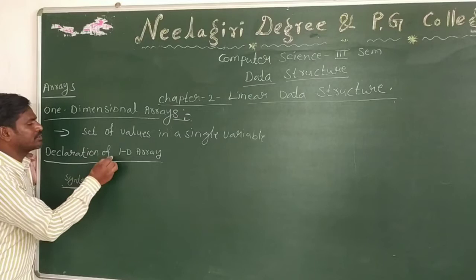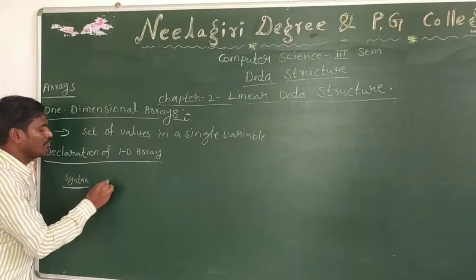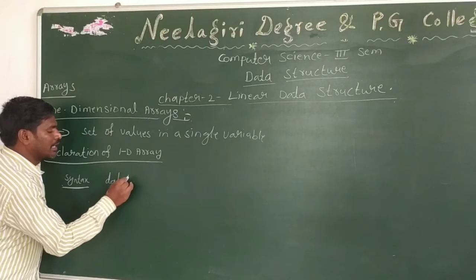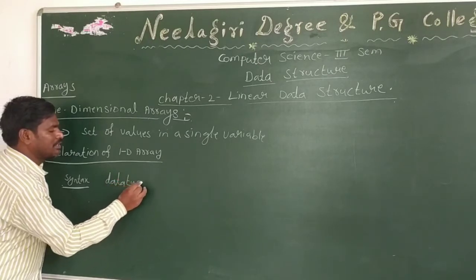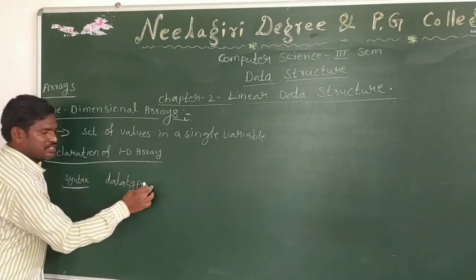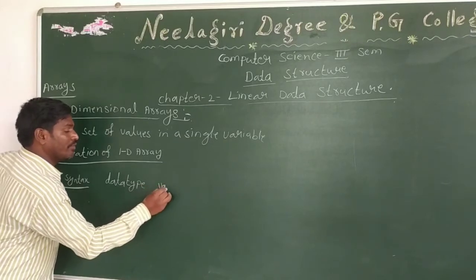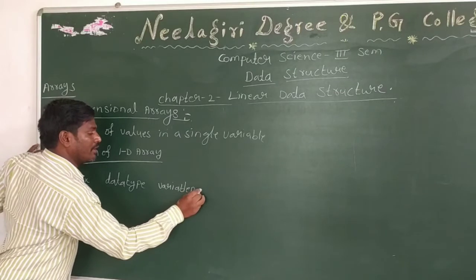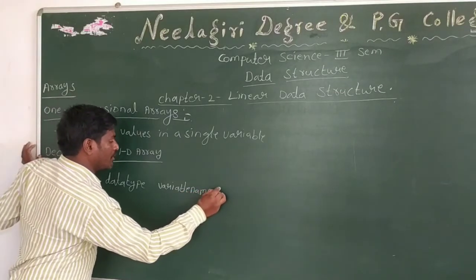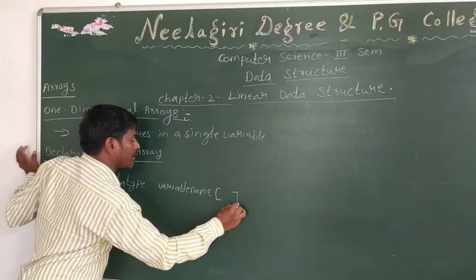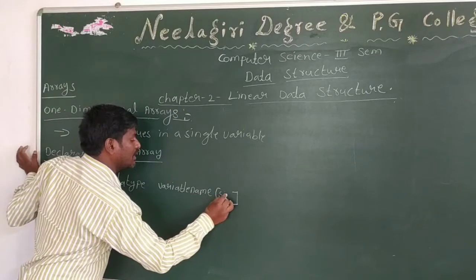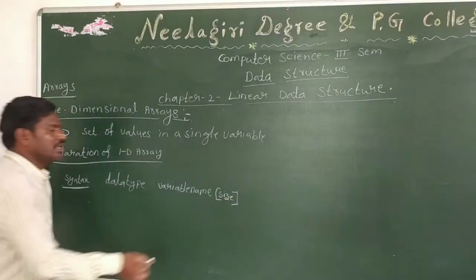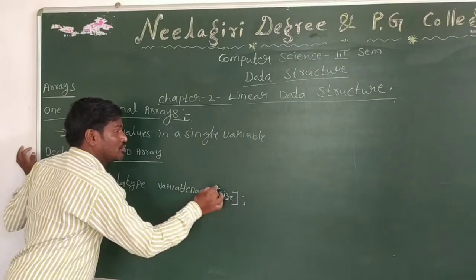So what is the syntax to declare a one-dimensional array? First of all, we have to mention the data type, and a space. Then we give the variable name. Next, within square brackets, we have to mention the size. Then a semicolon.